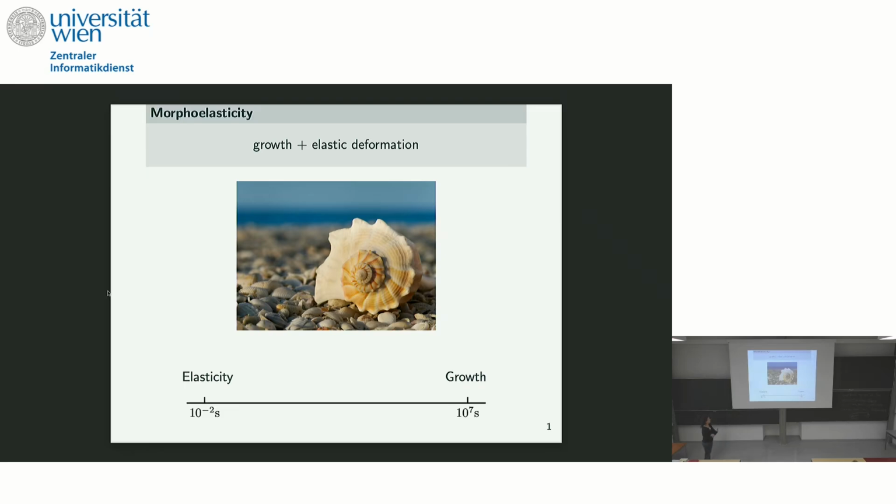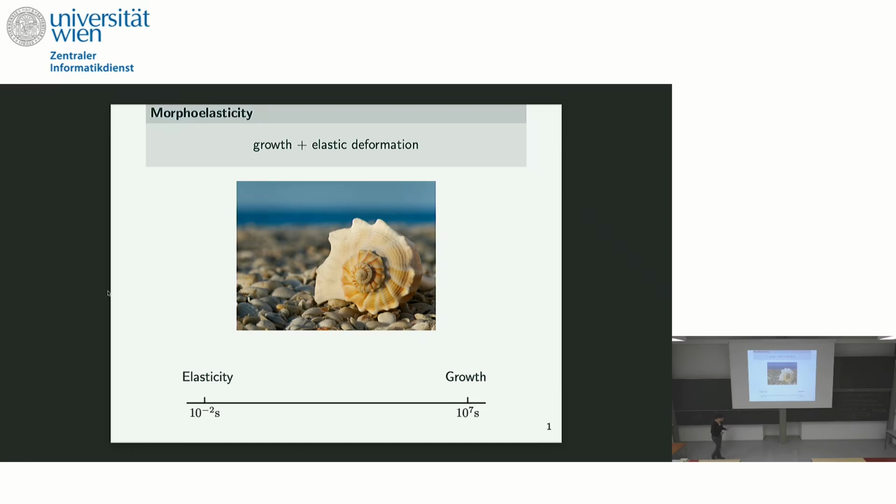The kind of phenomenon that we want to focus on today is a very special kind of growth, meaning that we want to focus on accretive growth. What does it mean? That we're going to assume our body grows by adding mass to its boundary. And the kind of prototypical example that we can all have in mind is the one of a seashell. So you start from something very little, it keeps adding mass to its boundary, it grows.